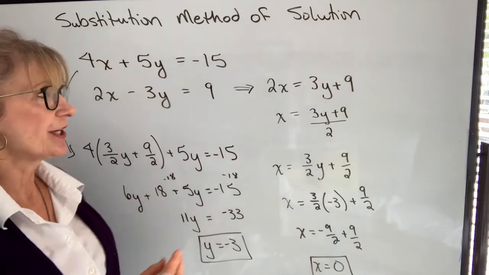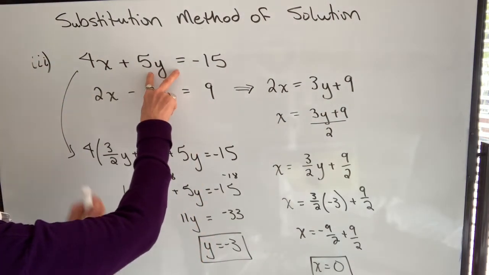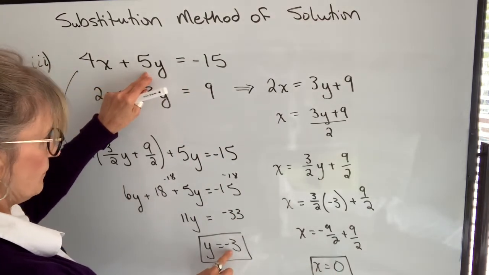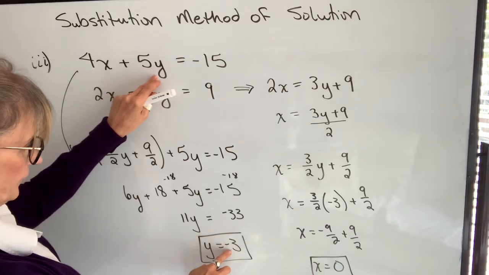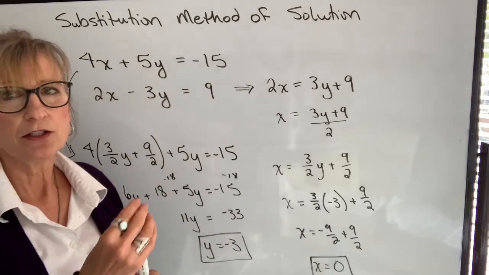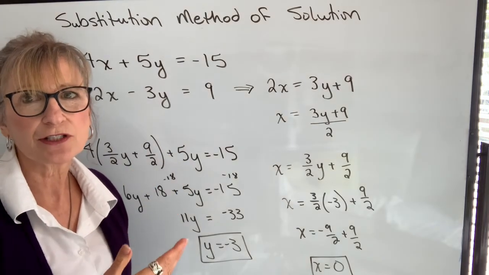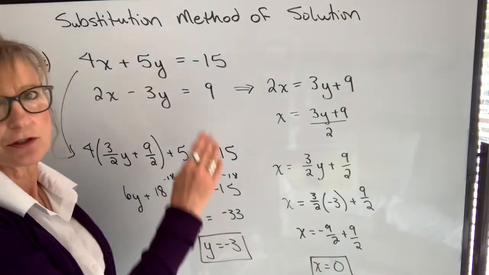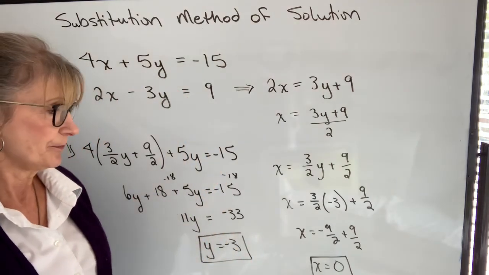Normally I would then do a check back to this equation. Will 4 times 0, which is 0, plus 5 times y, which is negative 3, equal negative 15? Yes. You don't necessarily have to write your check unless your teacher asks you to. When your numbers are easier like this, you can often just take a look and see that.